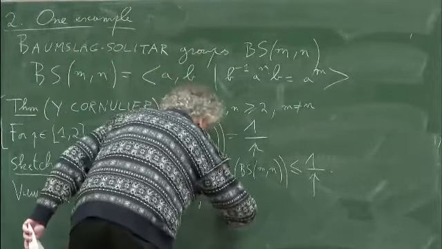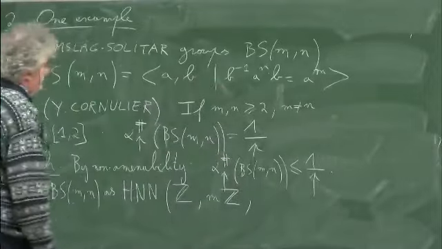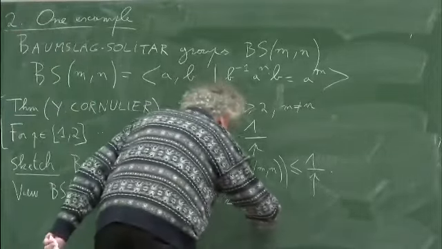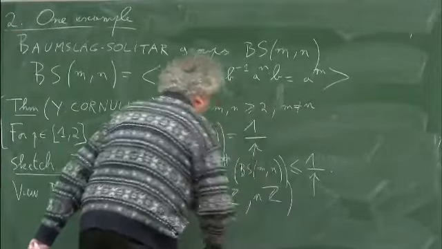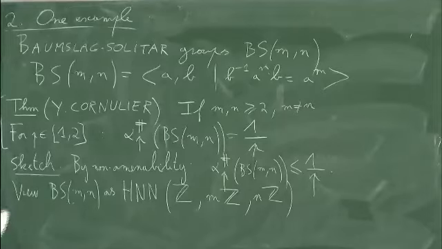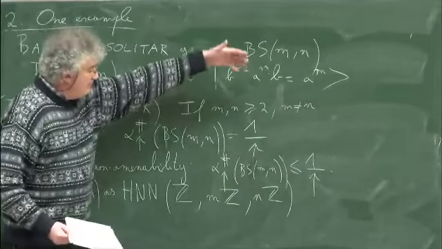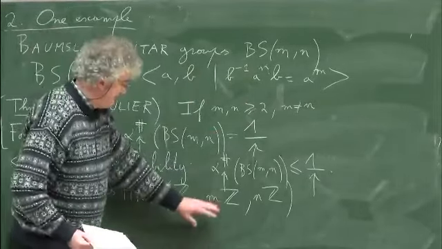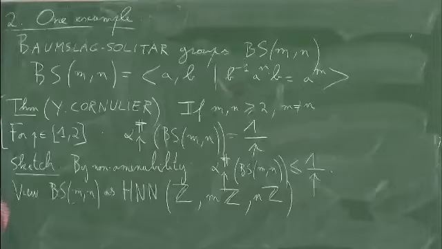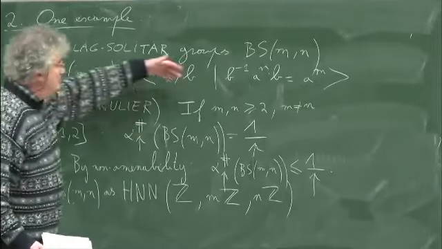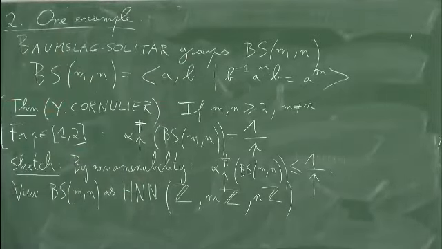So we take mZ and nZ, and what b does is implement an isomorphism between these two subgroups. Actually it's the universal group doing that, and this is the so-called HNN extension.